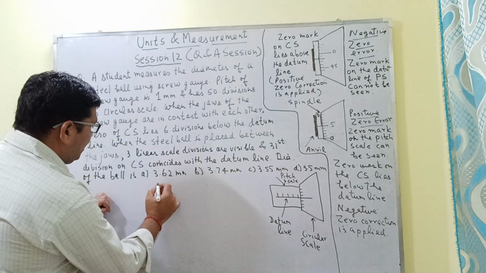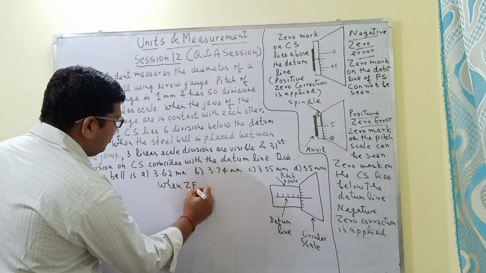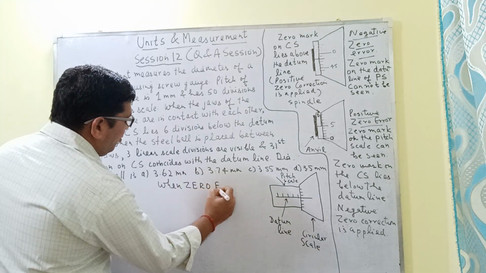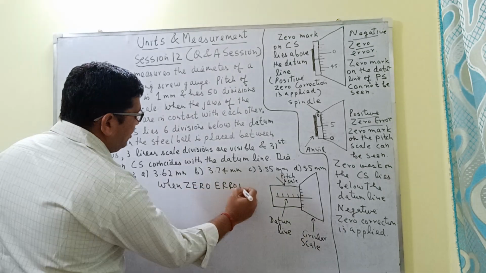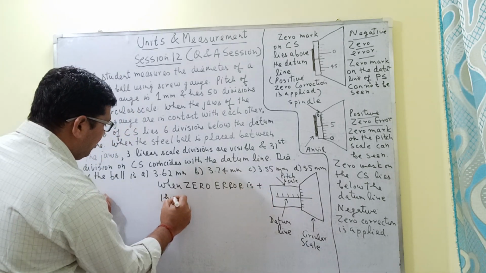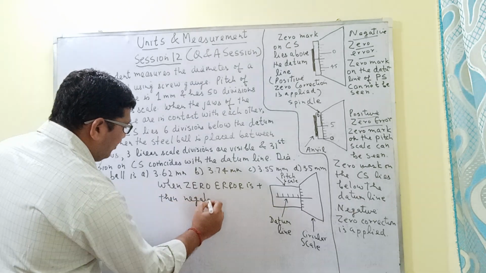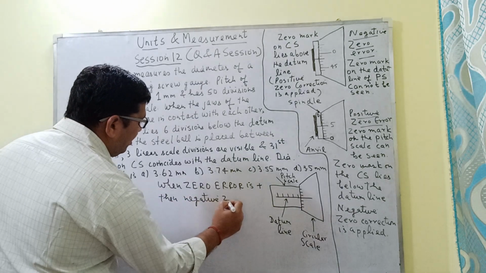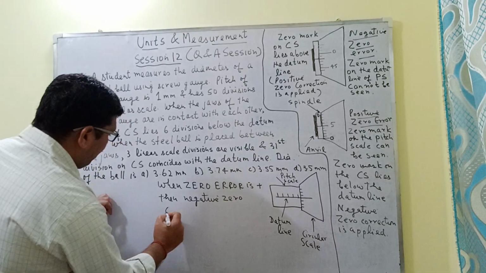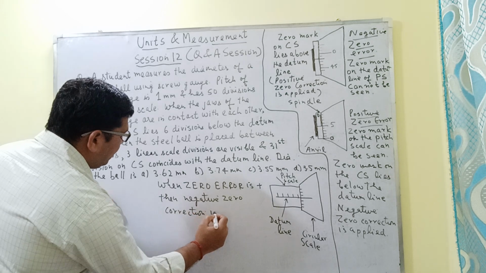Now when zero error is positive, then negative zero correction is applied.